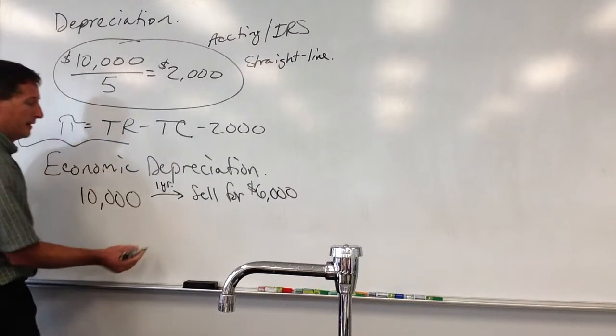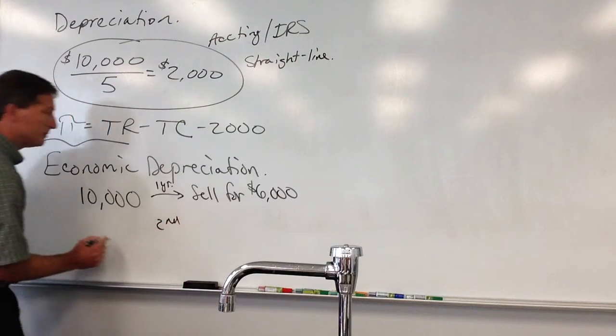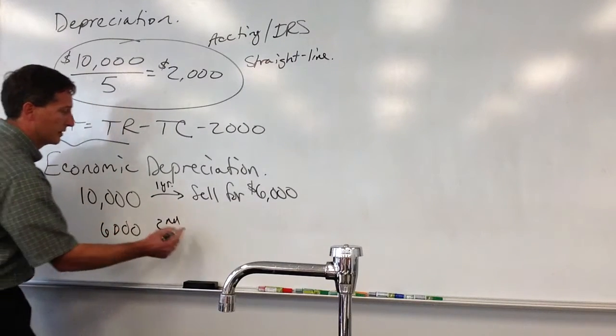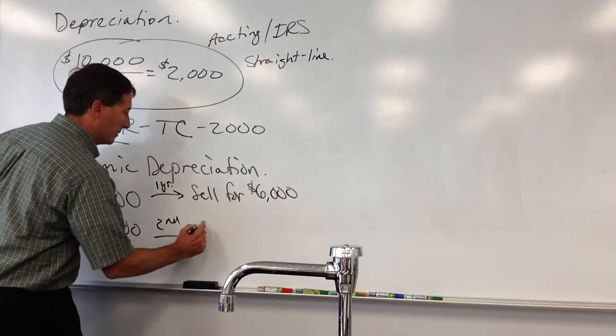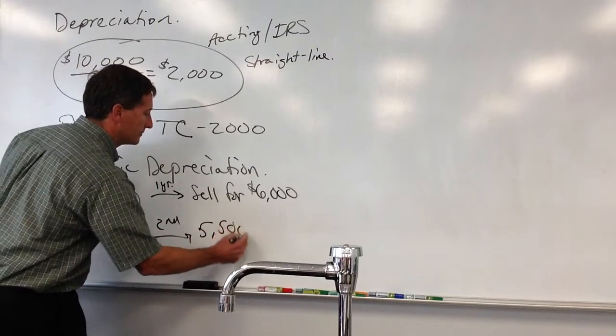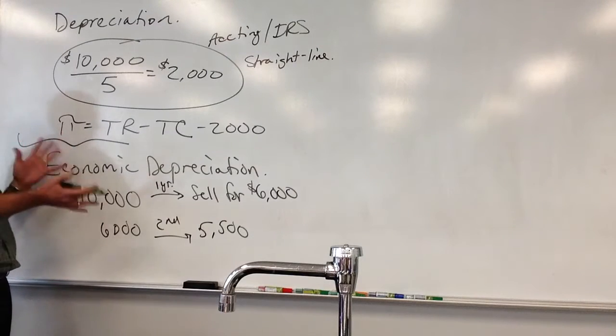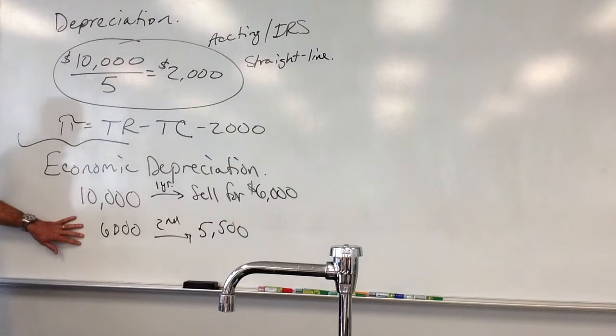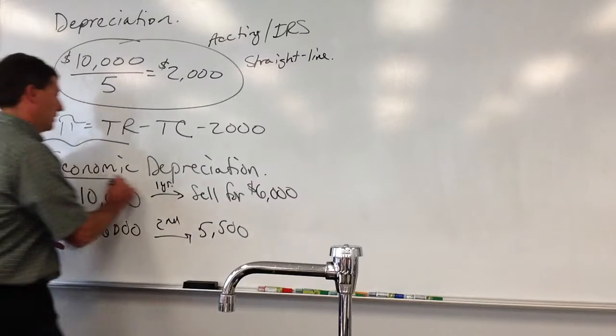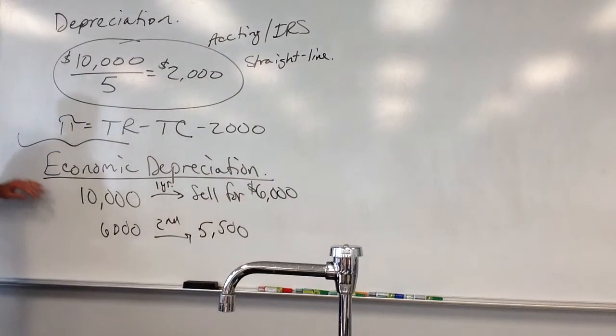So maybe the second year it goes from $6,000 to, again making up numbers, only $5,500. So now we've only got $500 worth of lost value over the course of the year. So this captures the implicit cost that's going on.